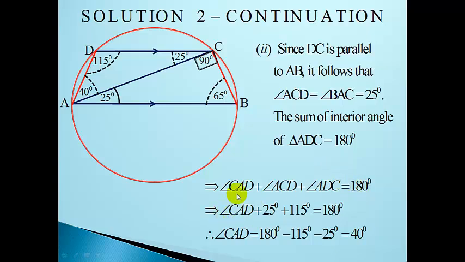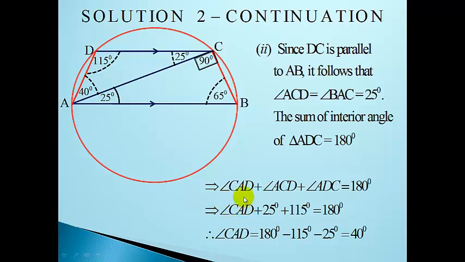So angle CAD, which is what we are calculating for, plus angle ACD, that is 25 degrees, plus angle ADC, that is 115 degrees, is equal to 180 degrees.